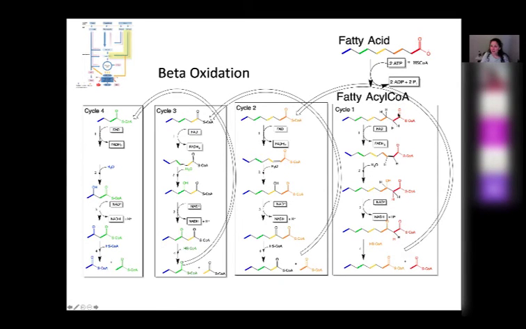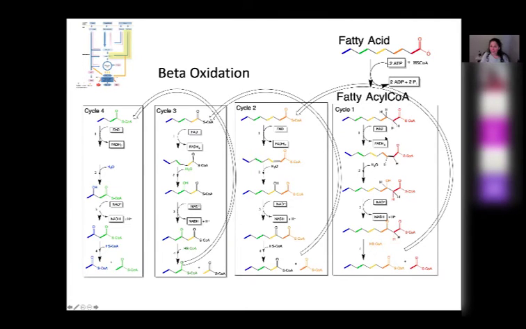And then each cycle of beta oxidation will cut this 2-carbon piece off, or the last 2-carbon piece essentially. You generate an FADH2 and an NADH molecule for every cycle of beta oxidation. And the number of cycles you need is 1 less than the number of carbons divided by 2.